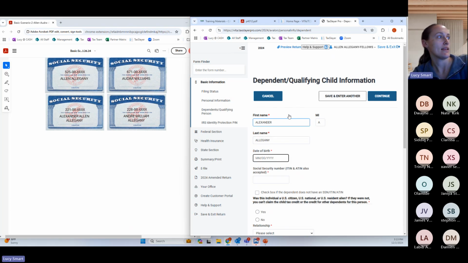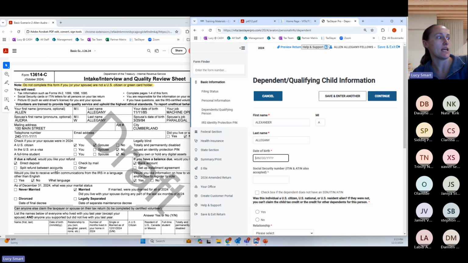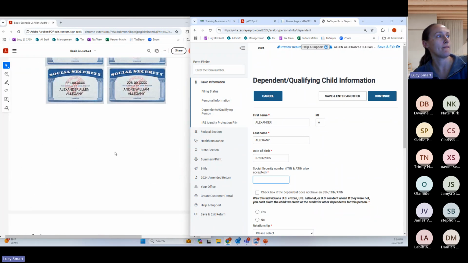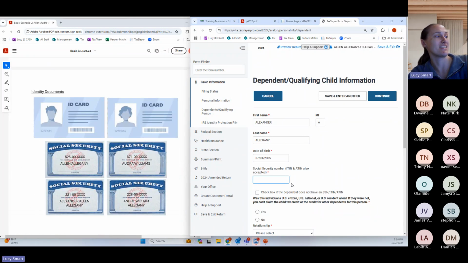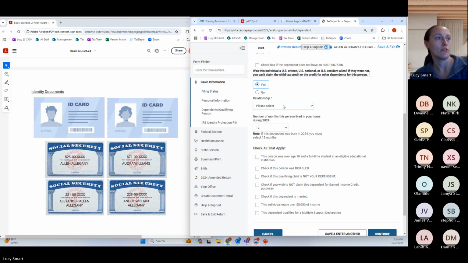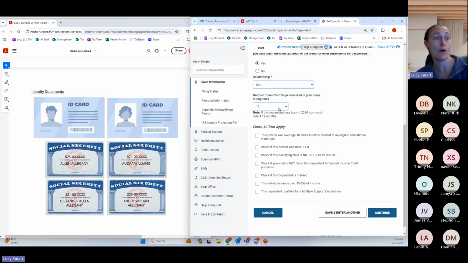Alex's birth date is 7/1/2005. And his social security number. This is all a lot easier when you're working with people in real life, and don't have to scroll up and down because you have the papers. Was this individual a U.S. citizen? Yes. Relationship, son. Number of months the person lived in the home, 12.